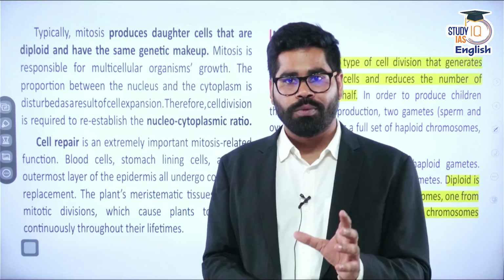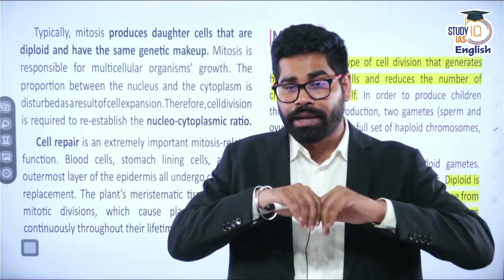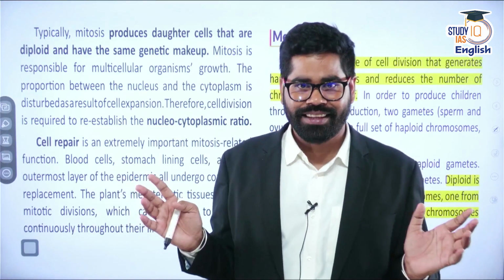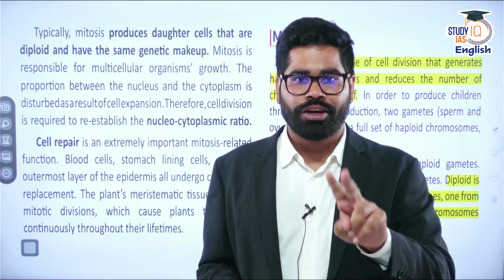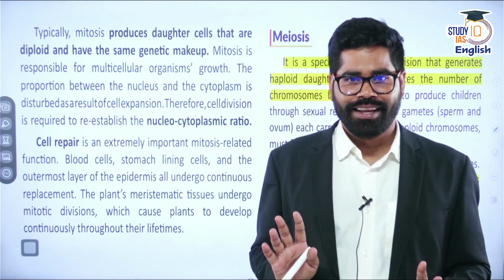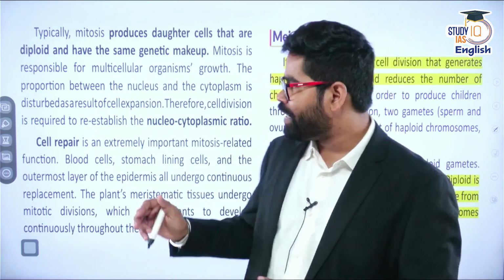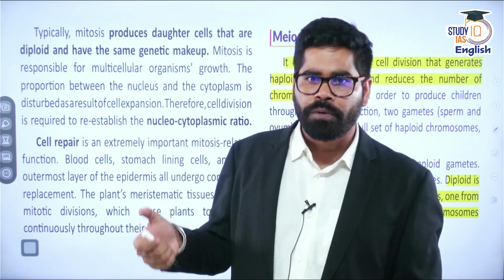It will also create a duplicate of the nucleus. It will replicate the entire genetic material, and then it will produce two identical daughter cells having the same number of chromosomes.